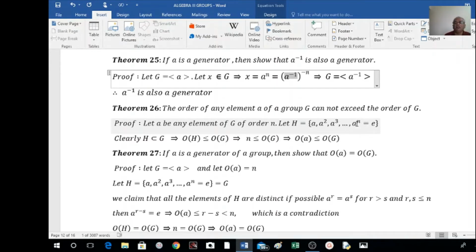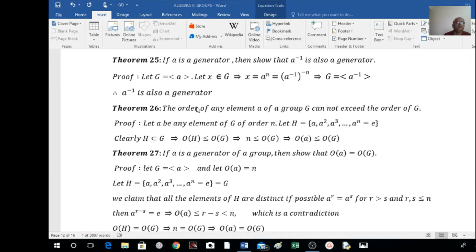As the order of A is n, this last term is equal to E. And this is the last term in the set, because if we go for the next powers, a to the power of n plus 1 is a to the power of n into a, that is Ea, equal to a. And a to the power of n plus 2 is a square, a to the power of n plus 3 is a cube. So these elements are repeated again.